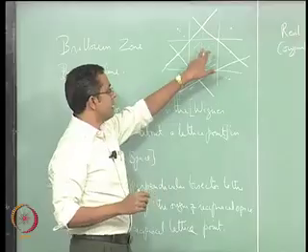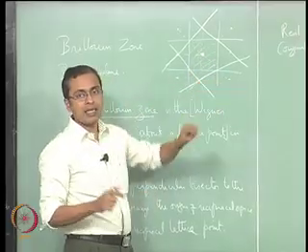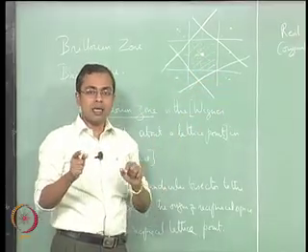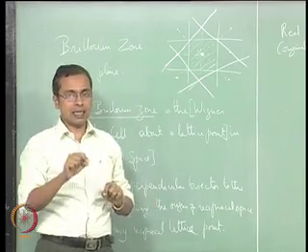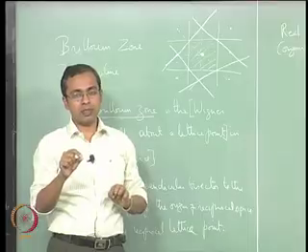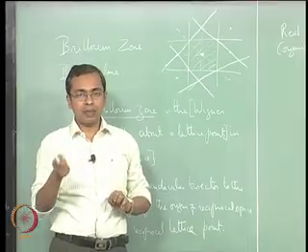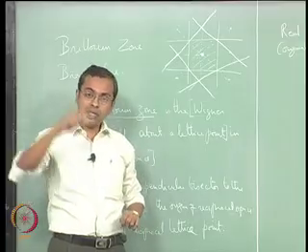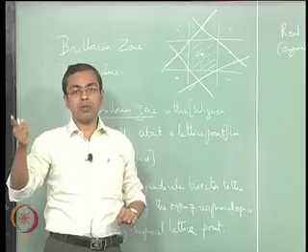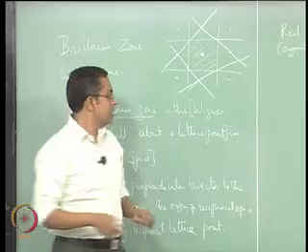So we restated the definition by saying the first Brillouin zone is the region that you can access from the central lattice point, the origin of reciprocal space, without crossing a single Bragg plane. The second Brillouin zone is the region that you will access after you have crossed the first Bragg plane, but you do not cross the second Bragg plane, right. So that is how you go.